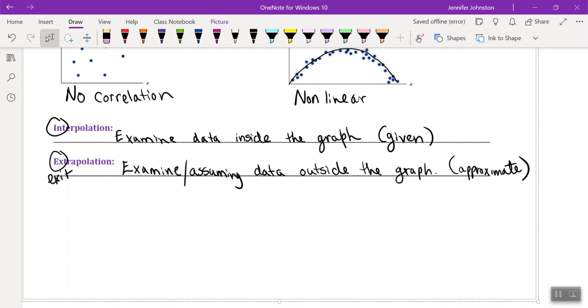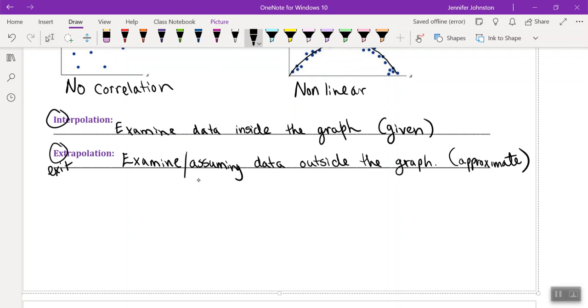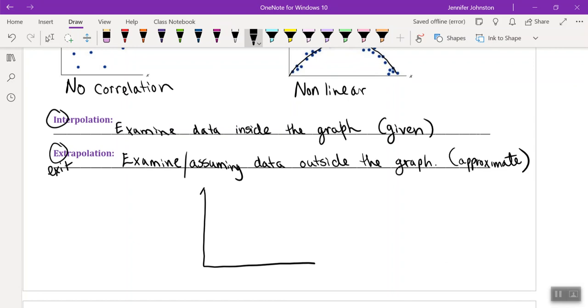All right, so let's get a couple of measurements here just to talk about what these two words mean. Well, let's say we were going to measure people's heights versus your age.